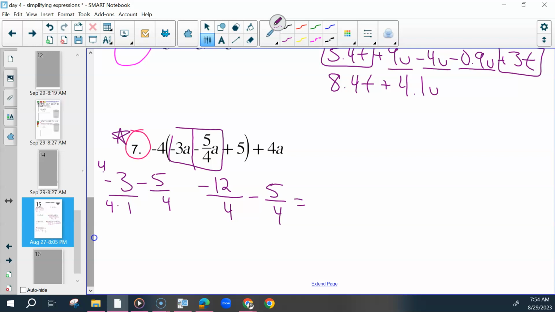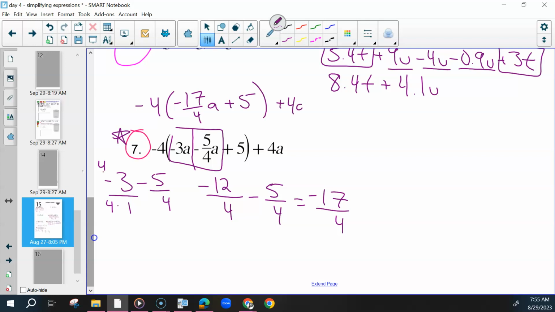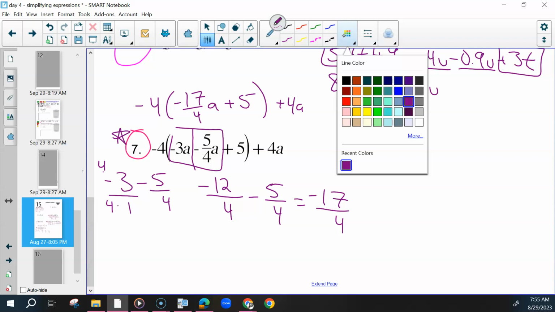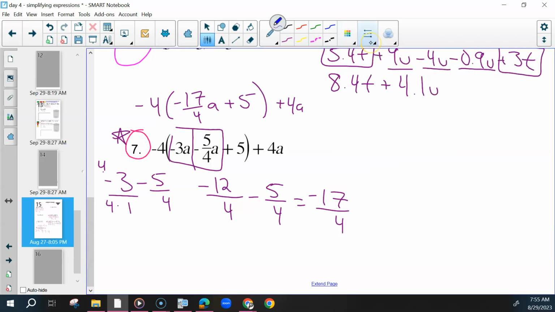And then our final fraction would be negative, what was that top part? 17. No. Let's rewrite. Negative 4, negative 17 plus this 5. Right? Then we can distribute.